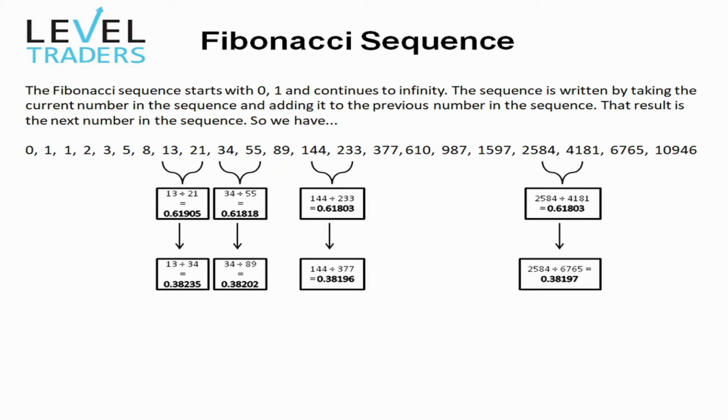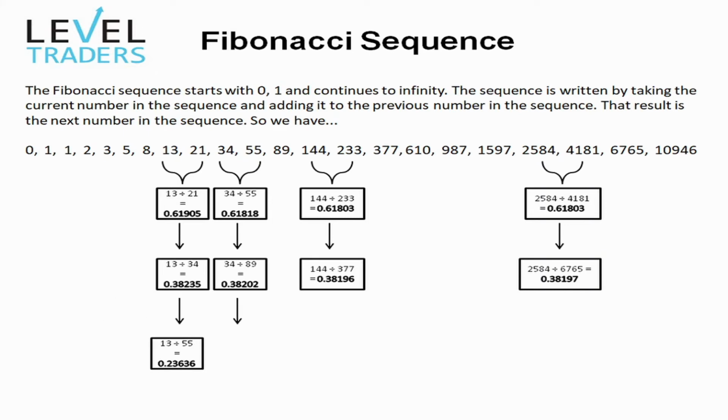If you instead take the number in the sequence and divide it by three numbers ahead of it, you get an approximation of 23.6%. Another retracement level. Let's check this out. If we start with 13 and divide that by 55, you get 0.23636.